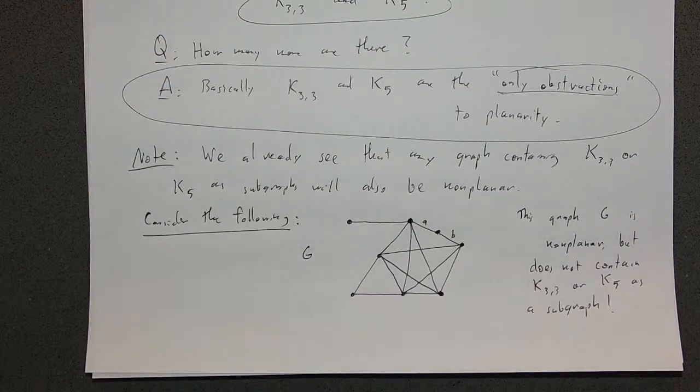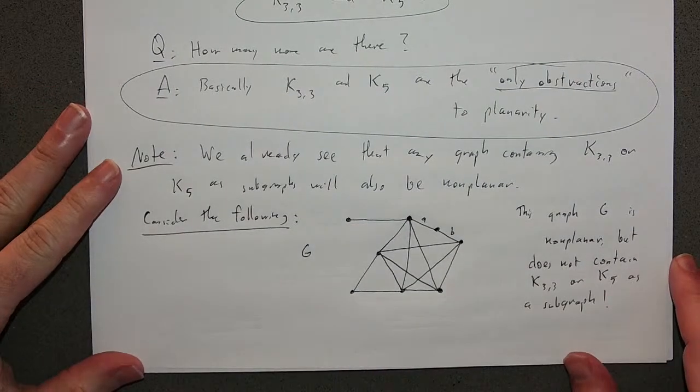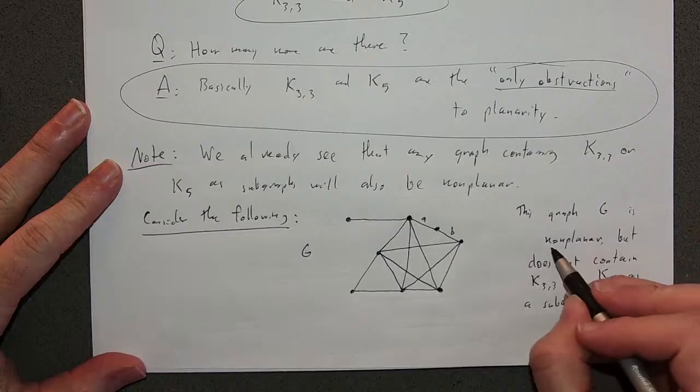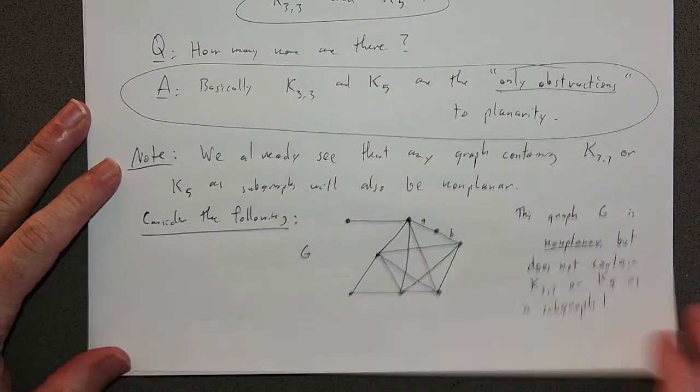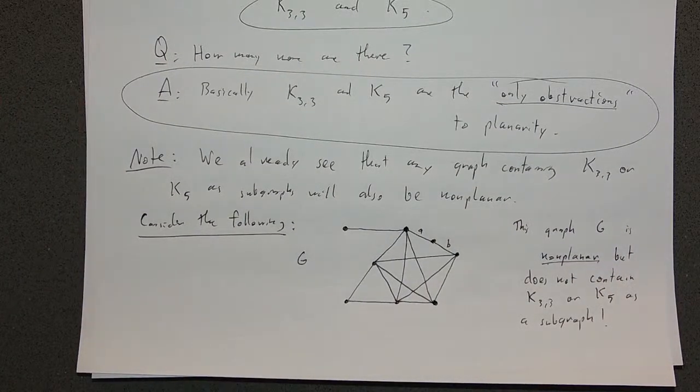So it is not enough to simply say that the only graphs that are non-planar are the ones that are either K33 or K5 or contain one of those as a subgraph, because here's one that doesn't contain either of those as a subgraph, and yet it's non-planar. So then what do I mean by the fact that K33 and K5 are somehow the only obstructions to planarity?